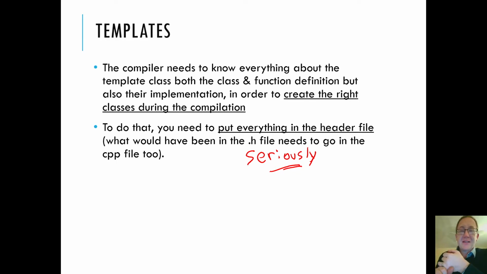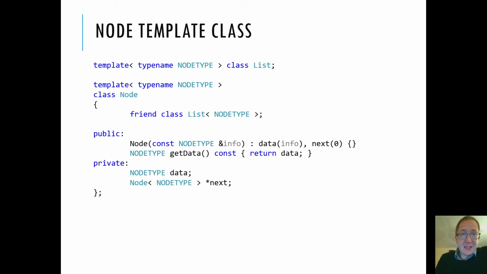I'll make a linked list class that stores, I don't know, student information, and it'll make a brand new linked list class when I compile. Every single time I make a new linked list with a different type of data, it'll make a brand new set of classes for me. That's what's kind of weird about this, which is why it all has to be in the header file.